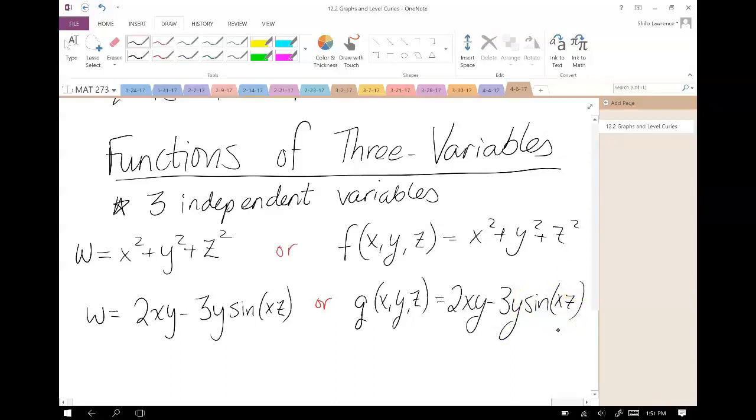So we could write it as w equals, or we could write it in function notation. We'd give the function a name, and we would list all of our independent variables in parentheses next to the function.